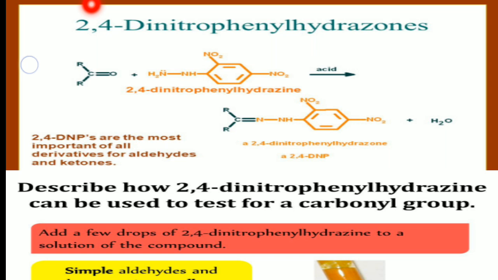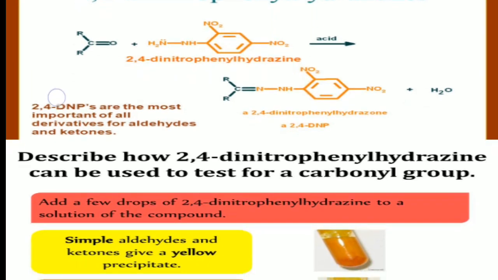Whether aldehyde or ketone is added by the 2,4-dinitrophenylhydrazine, which is simply called 2,4-DNP, then they combinedly lose an oxygen and two hydrogens like this way as a water molecule, and the formed compound is called 2,4-dinitrophenylhydrazone. This is the formation of 2,4-dinitrophenylhydrazones.